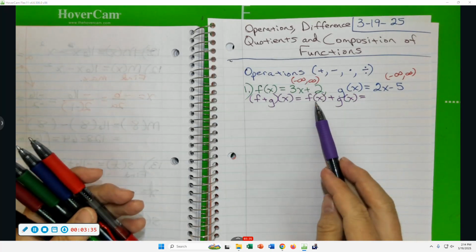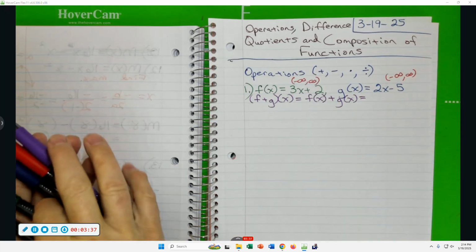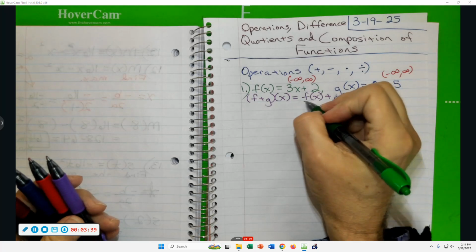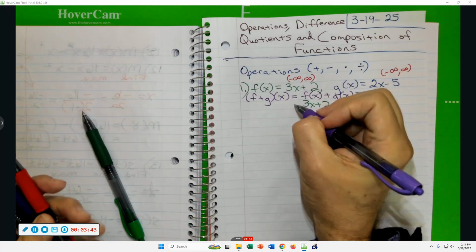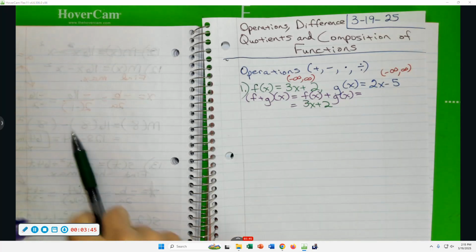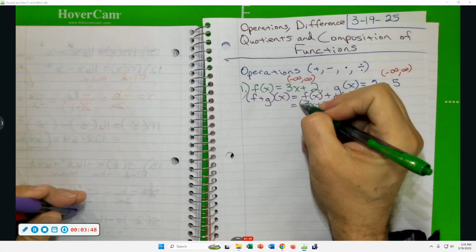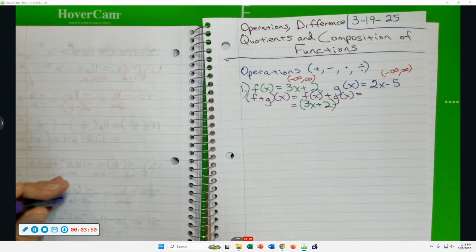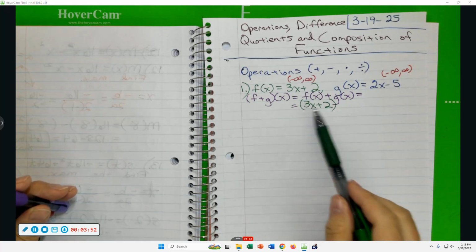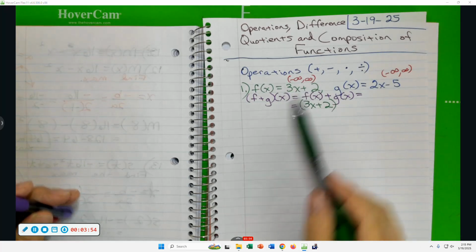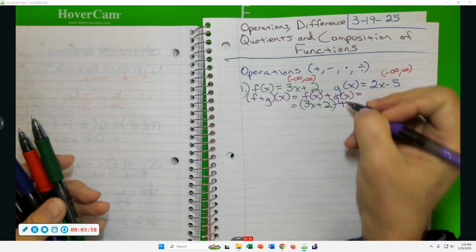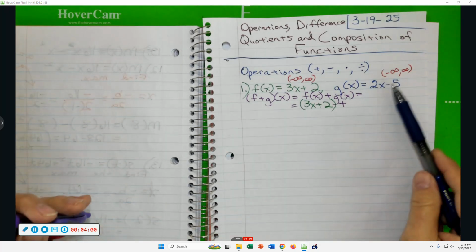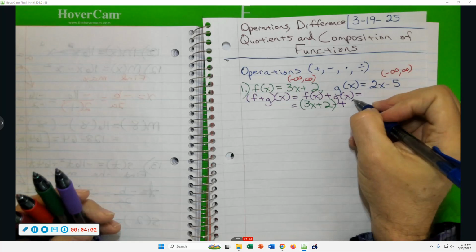Well, we know that f of x is 3x plus 2. I'm going to enclose 3x plus 2 in parentheses just to make the point that those two terms came from the original function f of x. And then we want to add g of x, which is 2x minus 5.